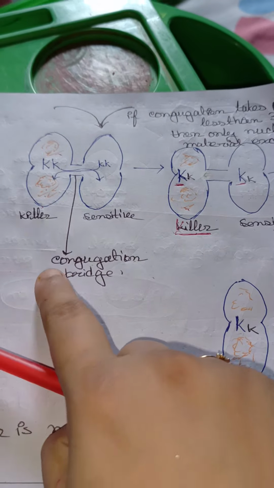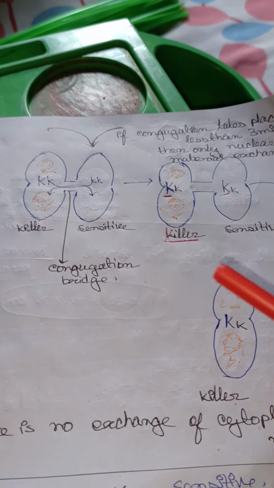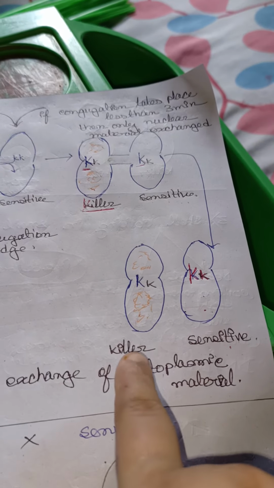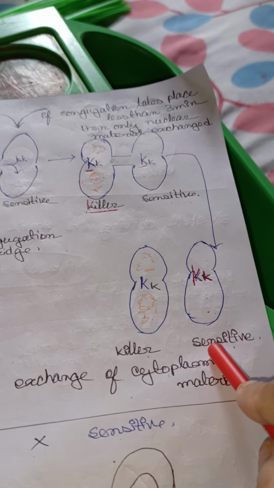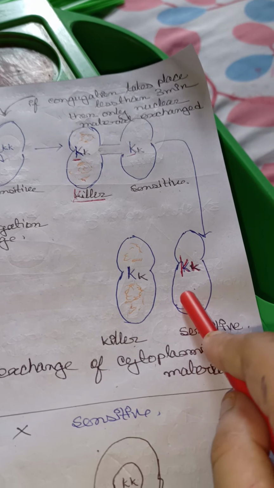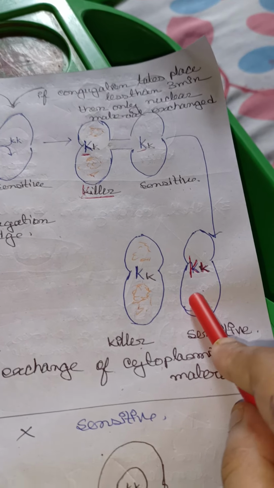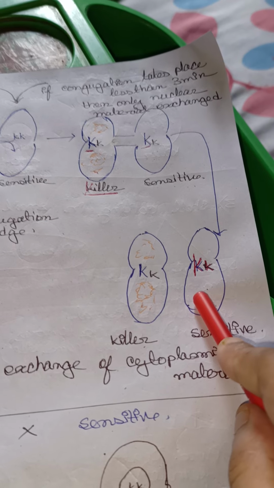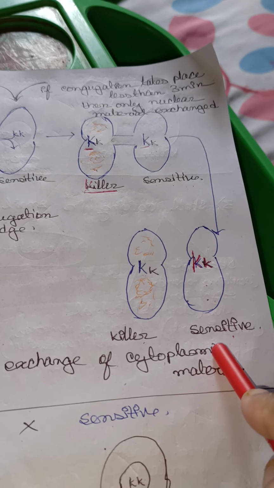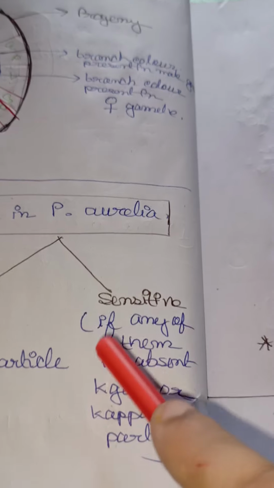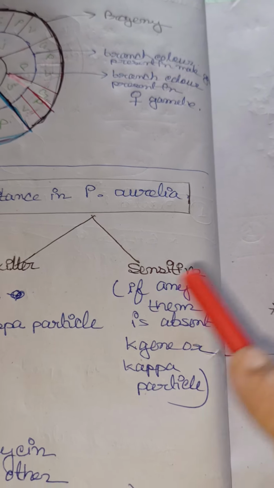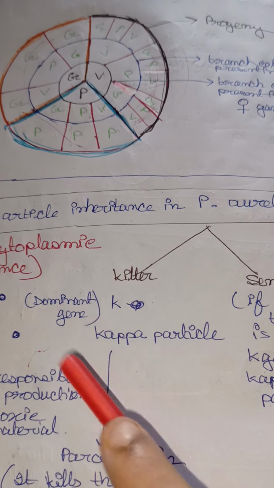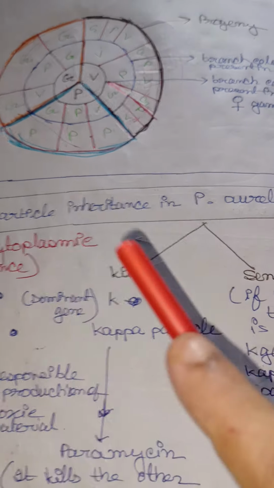But when only the nuclear material is exchanged, no cytoplasmic material, then we get only one killer strand and one sensitive strand. Clear? Why is this sensitive? Because no cytoplasmic exchange, no kappa particle comes to this side, that's why it will be sensitive. I told you, for sensitive, if any of them is absent, then it will be sensitive. If both are present, it will show only the killer strand.